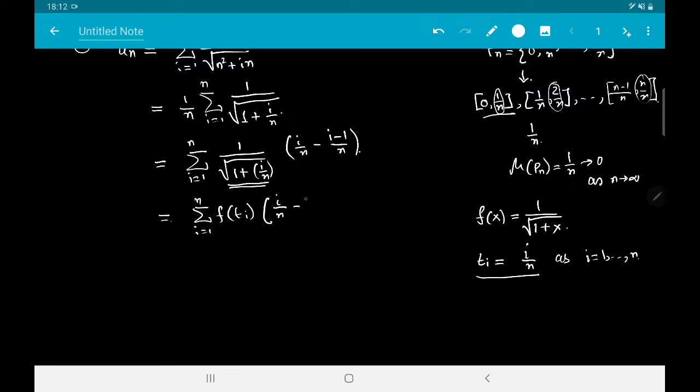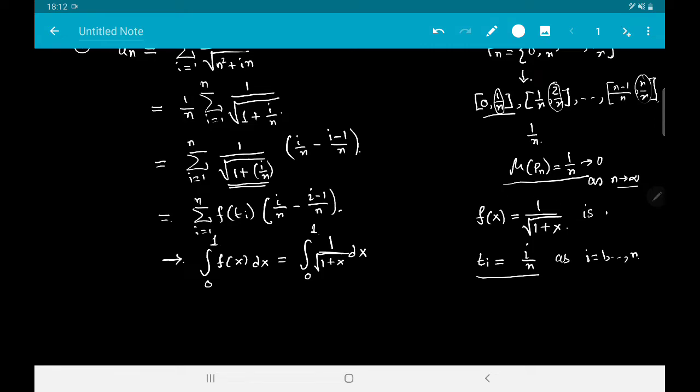So here we persist with exact values, and since mu of P_n goes to 0 as n tends to infinity, by our key idea this sum converges to the integral from 0 to 1 of f(x) dx, which is nothing but the integral from 0 to 1 of 1 by root 1 plus x dx. The only thing that I have forgotten to mention is that this function f(x) is actually integrable.